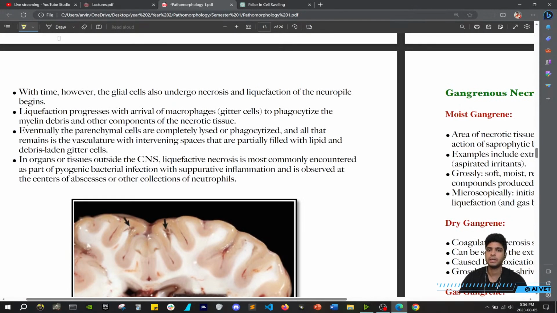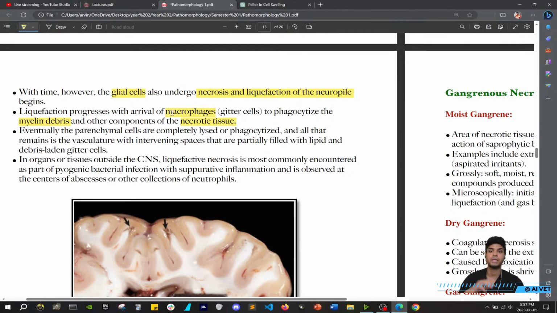With time, however, the glial cells undergo necrosis and liquefaction of the neuropil begins.